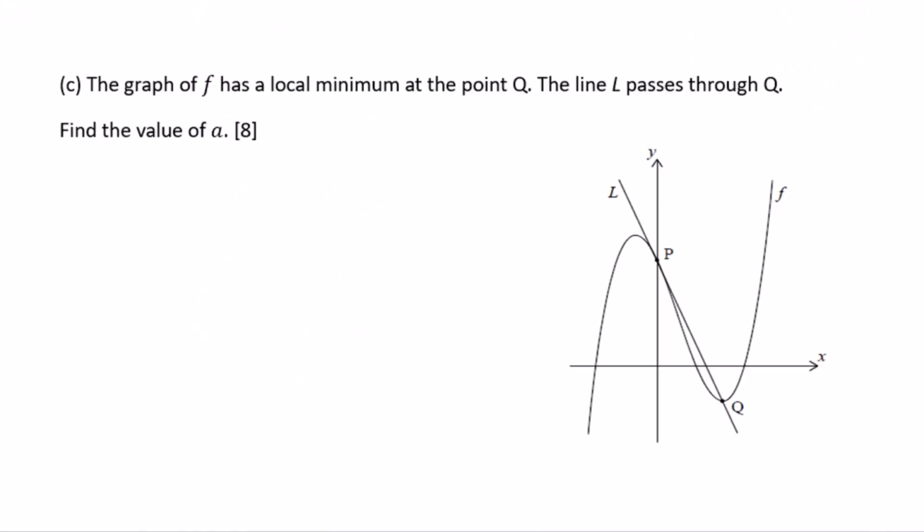Let's go to C. The graph of f has a local minimum at point Q. Local minimum means f prime of x equals 0. The line L passes through Q. Find the value of a. Let's label what we already knew for this graph: 0, 6.